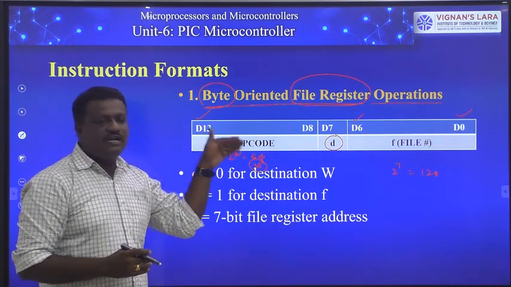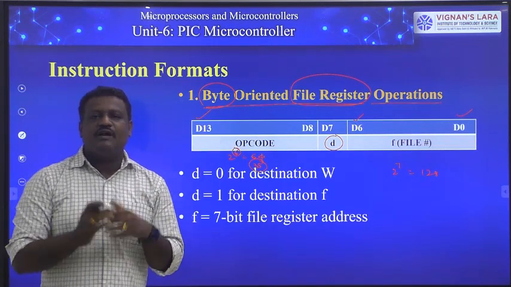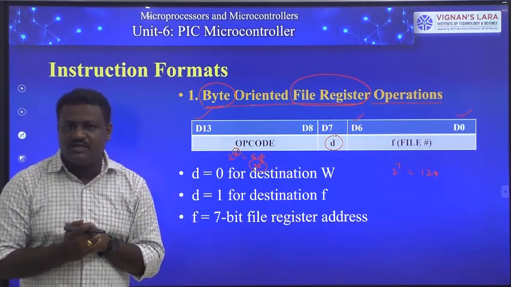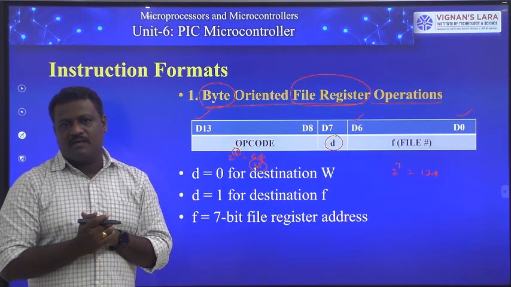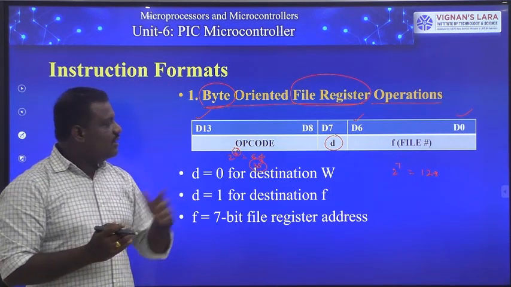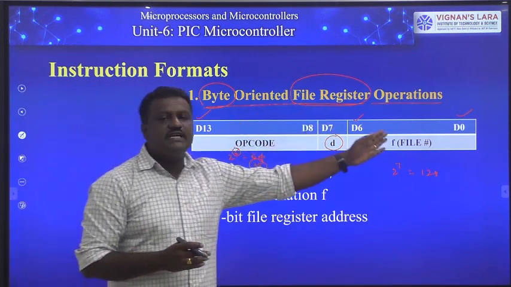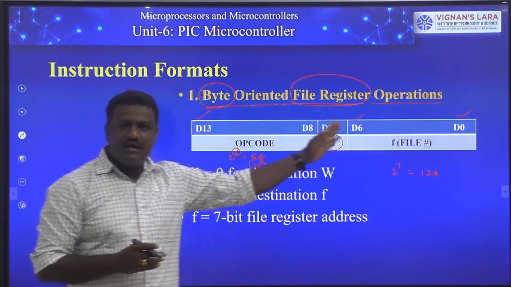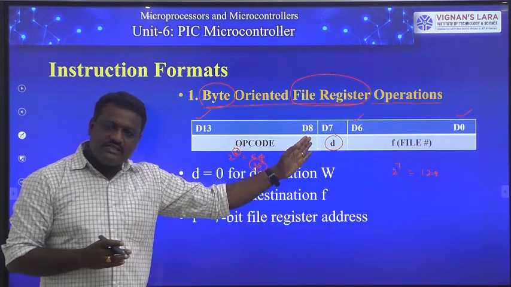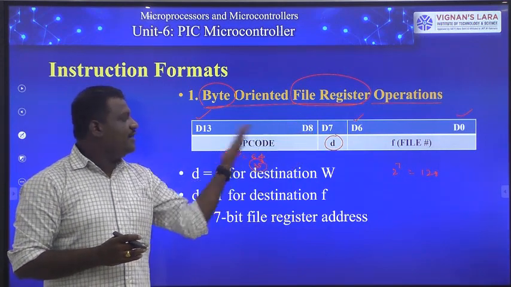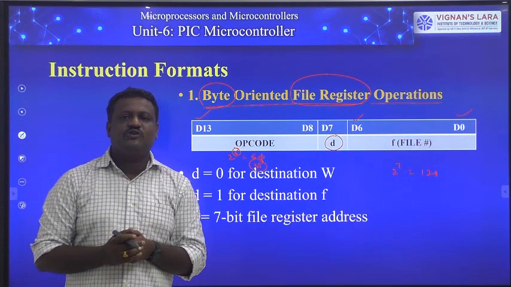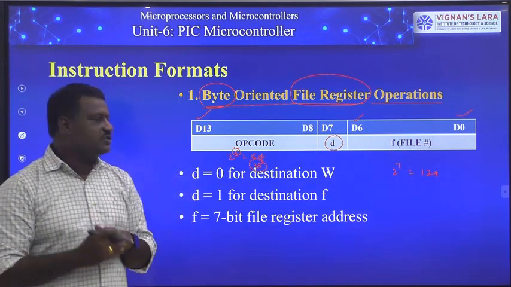That's why the number of bits dedicated to the operation code is 6. So I hope you understand how these 14 bits are divided: the least significant 7 bits for the file address, the next bit for the destination, and the last 6 bits for the operation code.